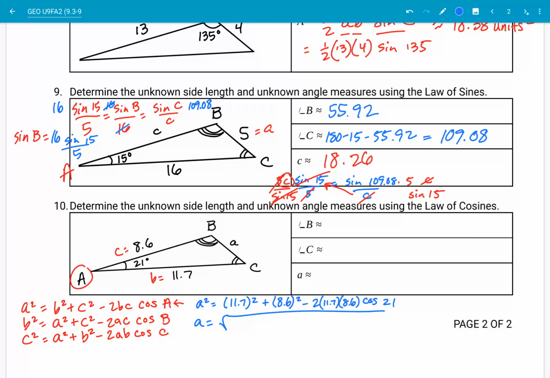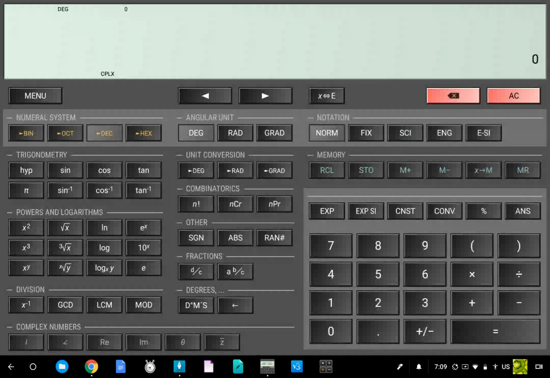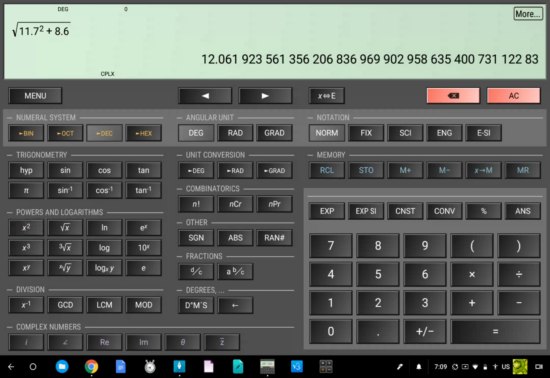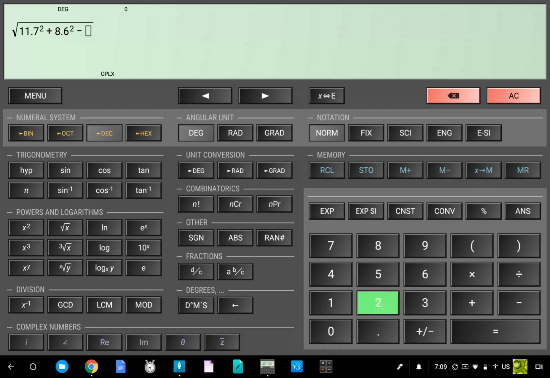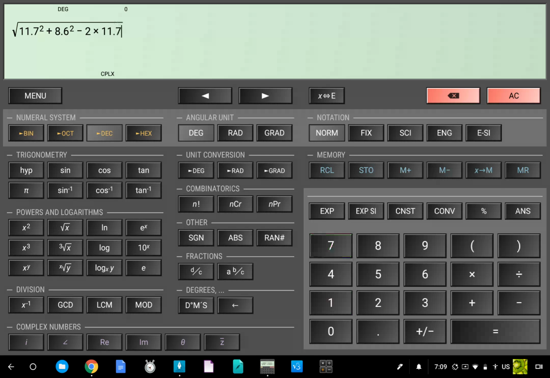So I'm going to plug it into the calculator all at the same time and then get an answer. So I go to my calculator and I take the square root of 11.7 squared plus 8.6 squared minus 2 times 11.7 times 8.6 times cosine of 21.